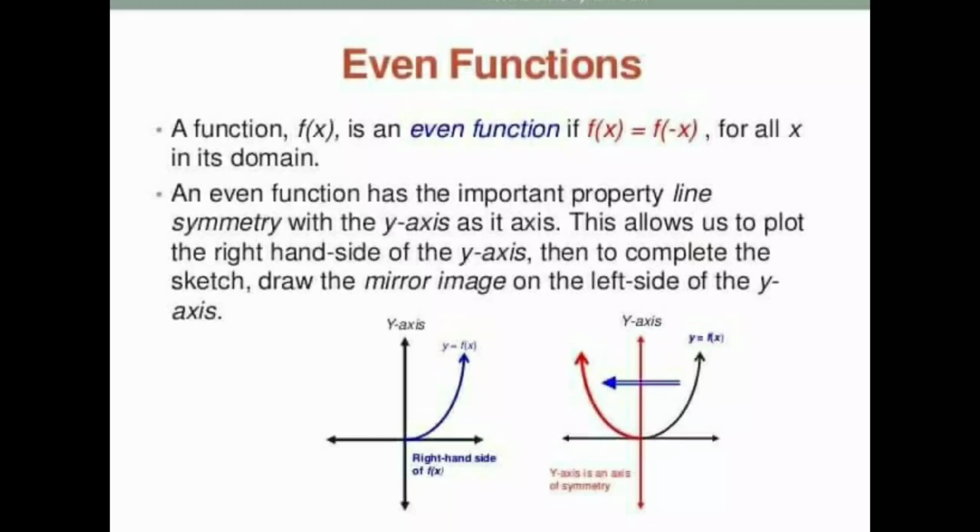Mainly a function f(x) is said to be an even function if f(x) is equal to f(-x), if both values are equal. So f(x) is equal to f(-x) for all values of x in the domain. We put all values of x in the domain, and if both values are equal, it is called an even function. So domain के हर एक पॉइंट पे f(x) की वैल्यू और जहाँ पे x है वहाँ पे माइनस x पुट करने पे both values are equal, is called the even function.